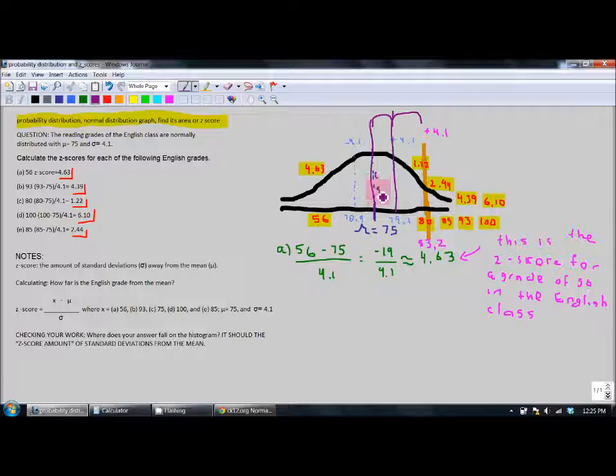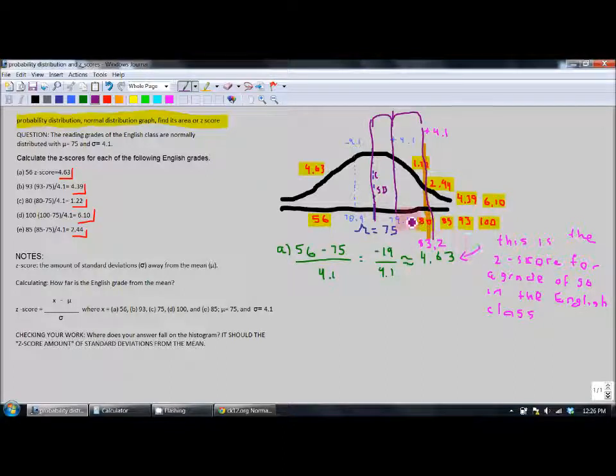That's 1 standard deviation. Your second standard deviation, the cutoff pretty much, is going to be between 79.1 and here you have this 83.2, right?